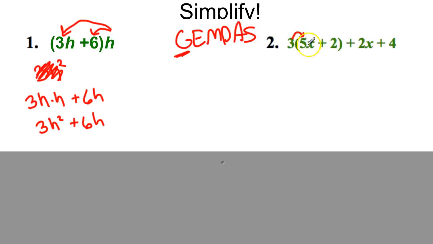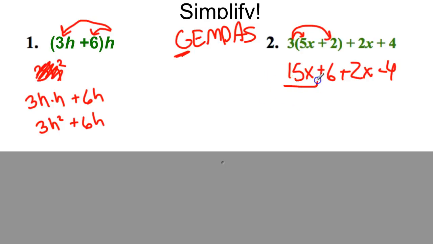We have 3 times 5x. Well, 3 times 5 is 15, and we keep the x. Then I have to do 3 times 2, and that's going to be 6. And now I just write the other things I have over here: plus 2x minus 4. Now I can combine some like terms.